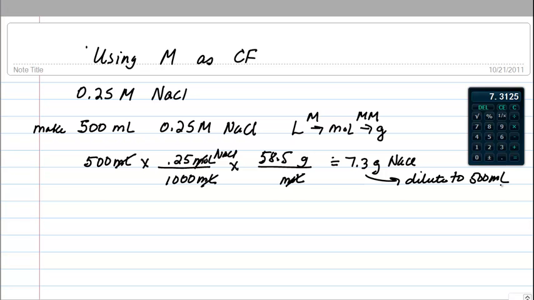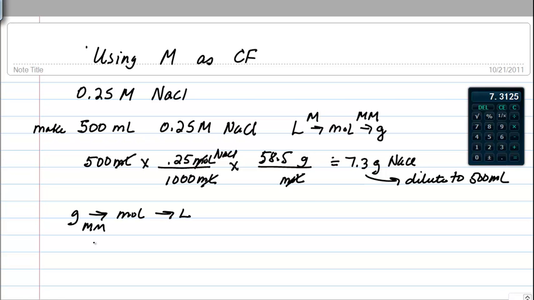Now the other situation is you want to pour out 2 grams of NaCl, and you want to know how much solution contains 2 grams of NaCl. So for this example, we're going to go from grams back to moles and then to liters.